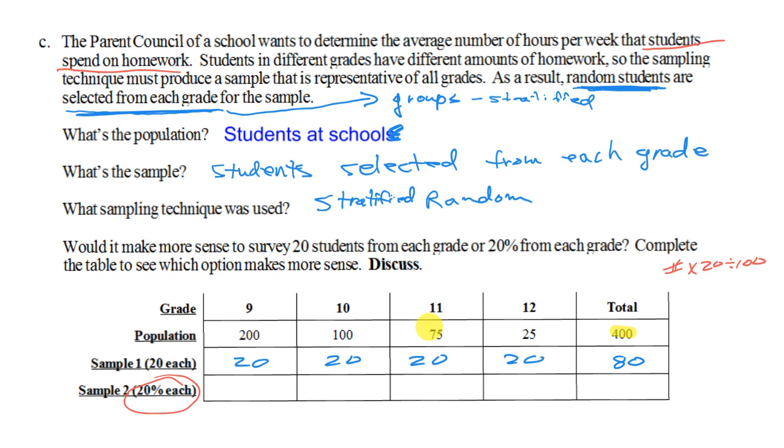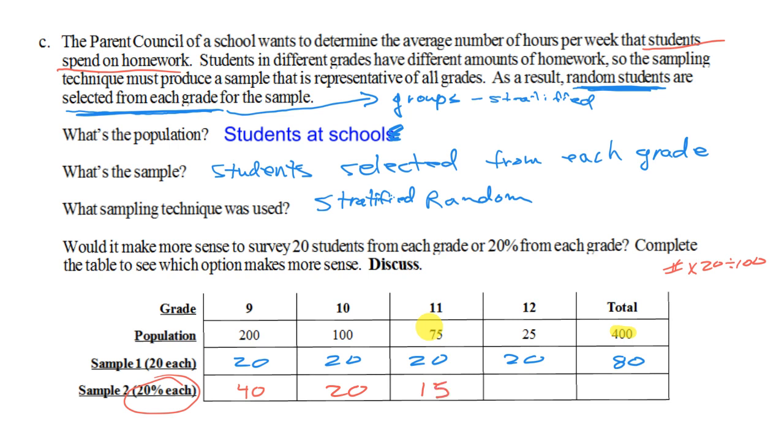So now, when we take 20% of 200, we end up with 40. When we take 20% of the grade 10s, we end up with 20. And then when we take 20% of 75, we end up with 15.